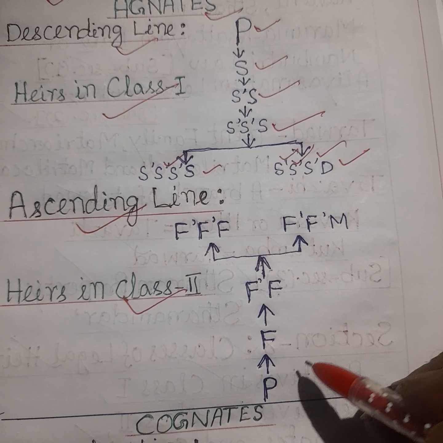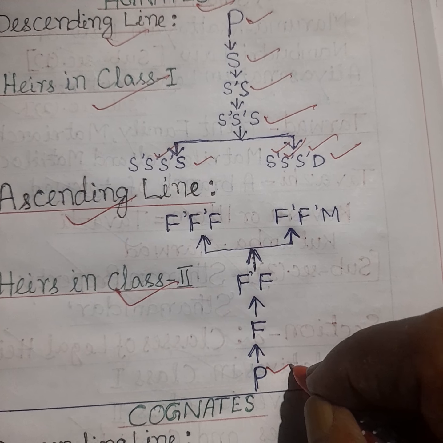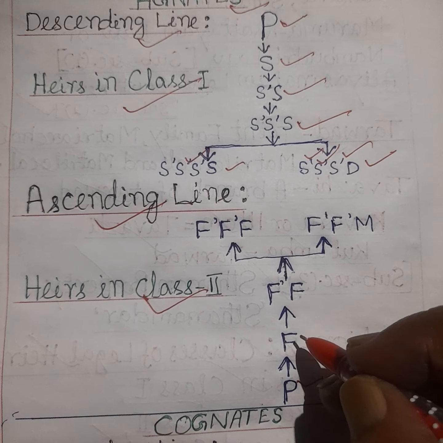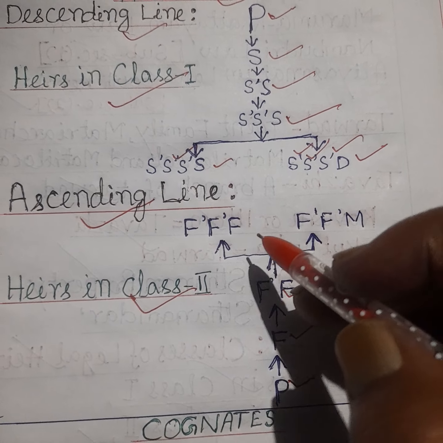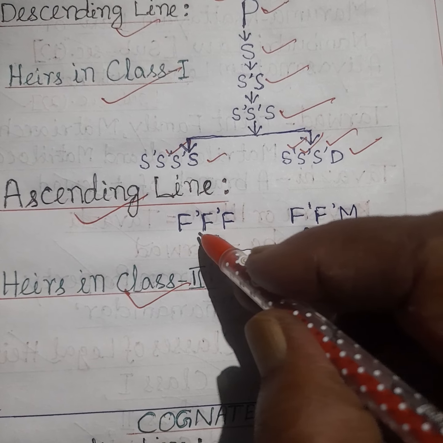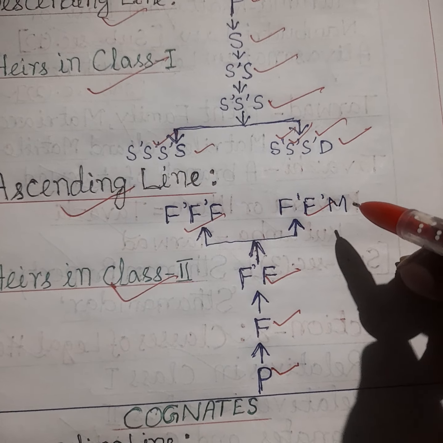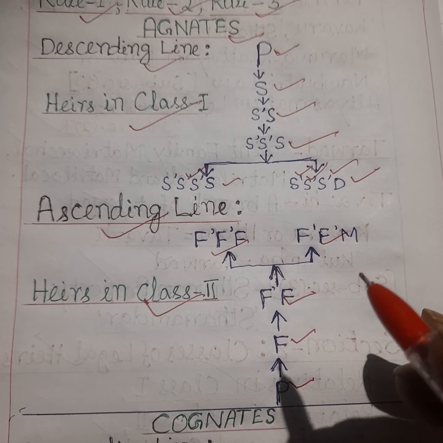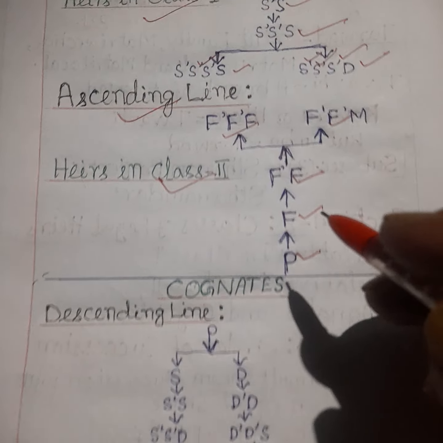So in the ascending line, the property of the intestate person will in ascending order go to the father, then to father's father, then in two bifurcations to father's father's father, and to father's father's mother. So this is the line of ascending and descending preference regarding the order of succession to the property.